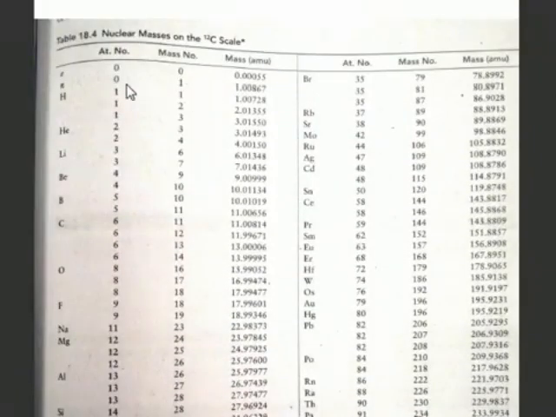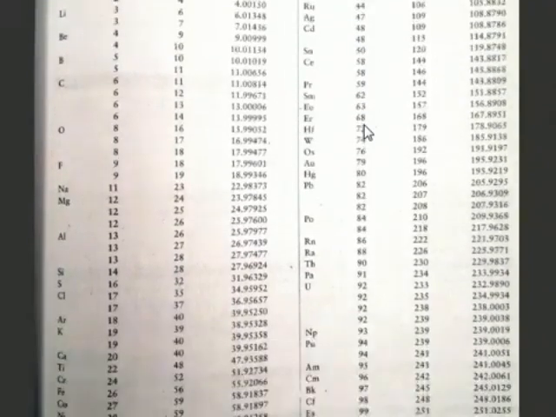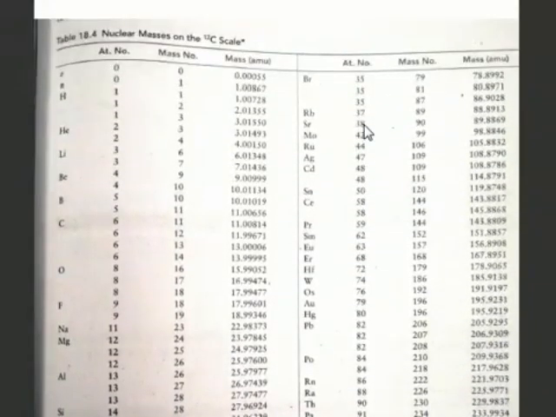Here you will see the element, the atomic number, its mass number, and the atomic mass in atomic mass units. And this is the continuation, so look for nuclear masses.pdf.